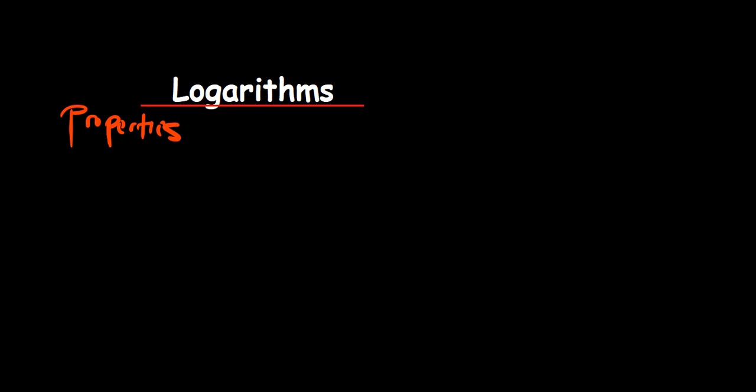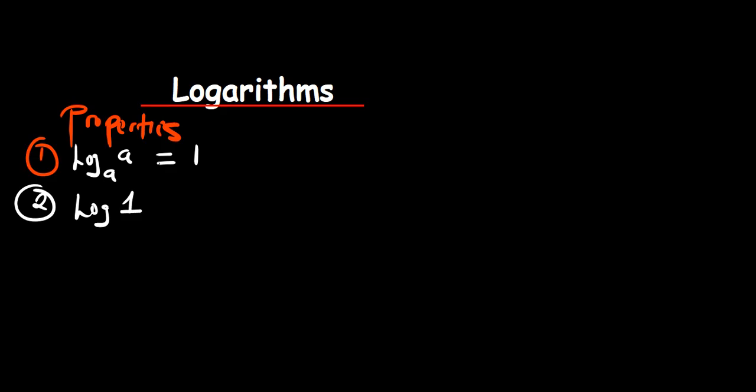Rule number one is that if you have a log, let's say log of a and the base is a, as long as the log and the base are the same, the answer is going to be 1. Number 2 is, if I've got a log of 1 to any base, it is actually 0.